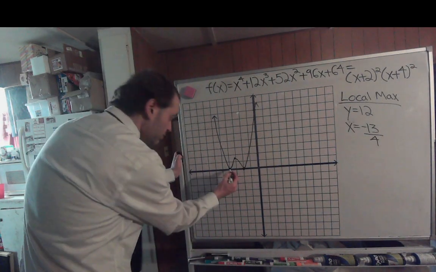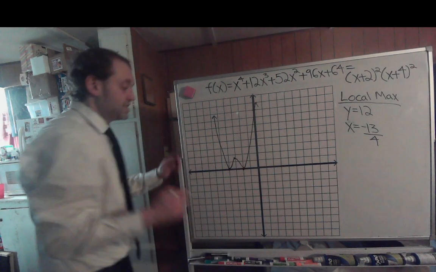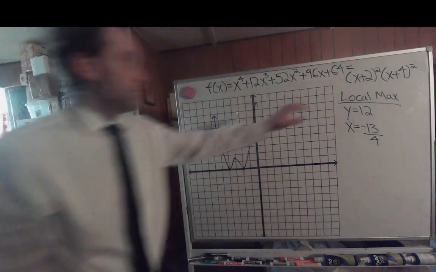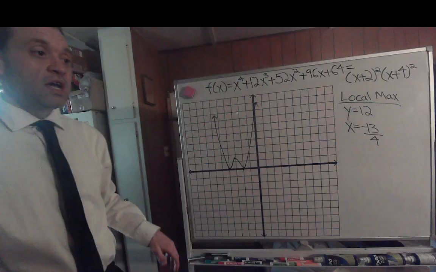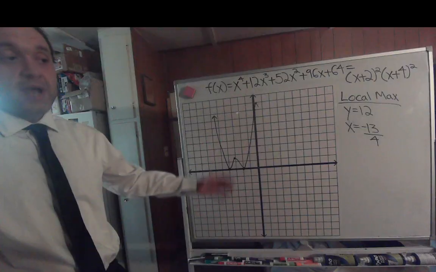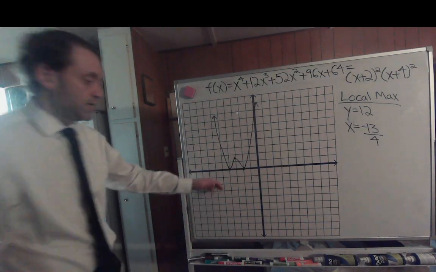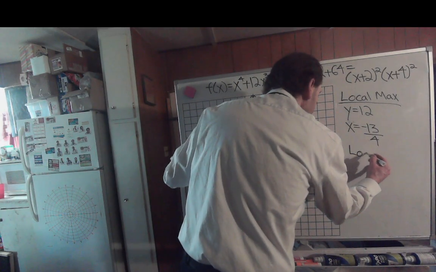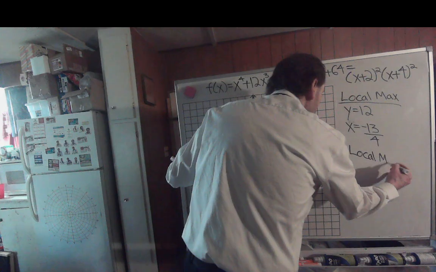Now, we have 2 local mins, but the good news is, whenever you have even power intercepts, those usually act as your local mins, or maxes, depending upon which way it's tilted. But the mins are going to be easy.